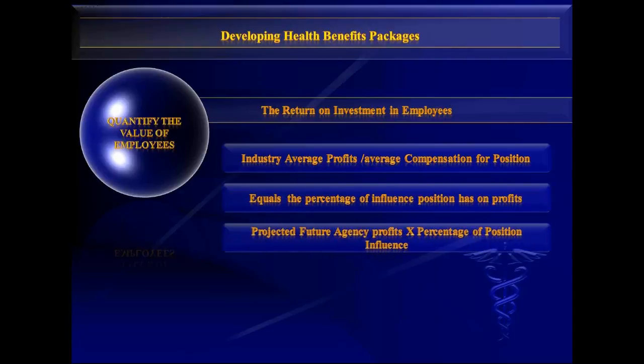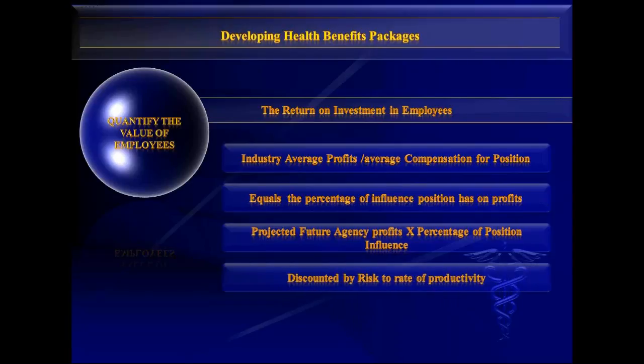The next thing we do is we look at our projected financial statements, and we look at the profits that we anticipate annually over the next few years, and we multiply the annual number by the percentage of influence the specific position has on those profits. We now know the dollar value that we can attribute to a specific position over the next few years. But this is all if the employee works at full productivity.